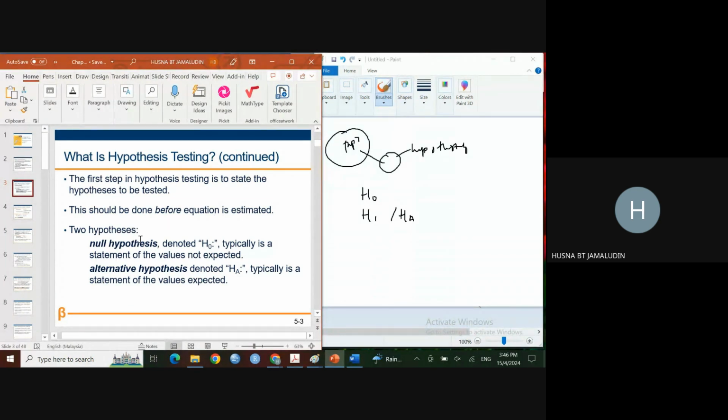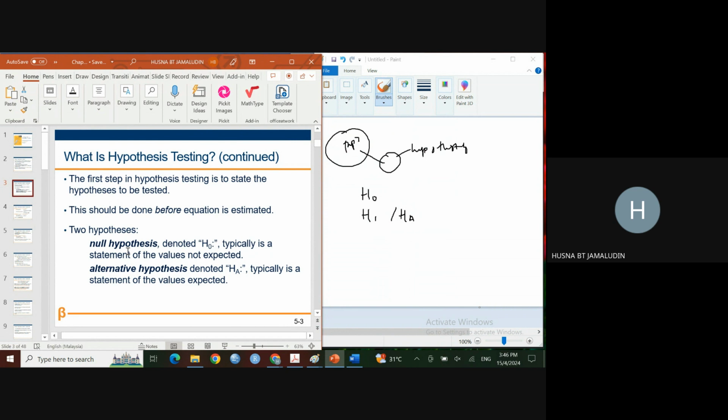So you have two hypotheses, H null and HA. You can say alternate, or you can say alternative hypothesis. Okay, so normally H naught is the general claim. Well, you have learned this in statistics, right? The general claim is like a normal assumption, like people can assume so many things.